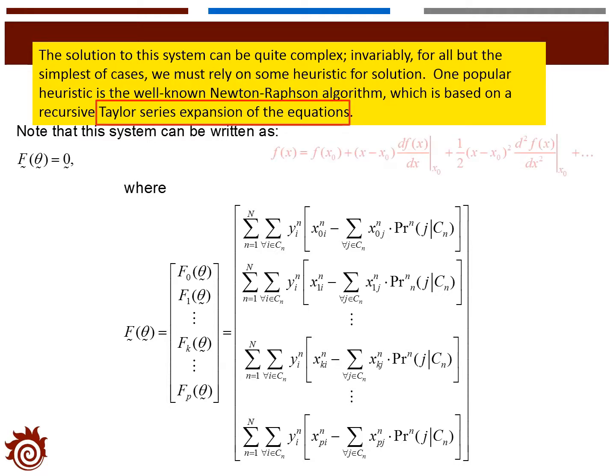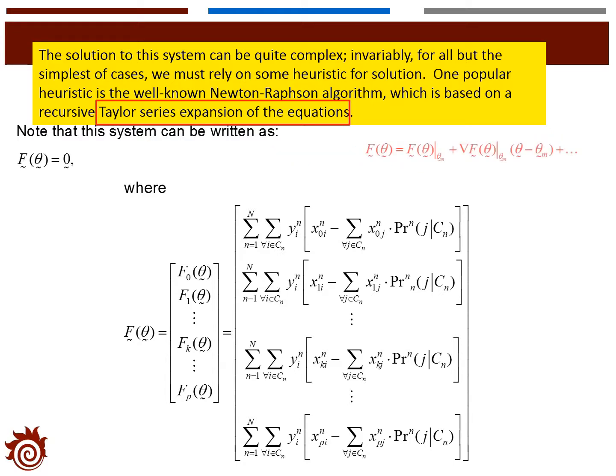of the equation. This formula shows the Taylor series expansion of one function f(x) expanded at the point x0. So f(x) equals f(x0) plus x minus x0 times df over dx at the location of x0, plus half x minus x0 squared times d squared f over dx squared, and so on.